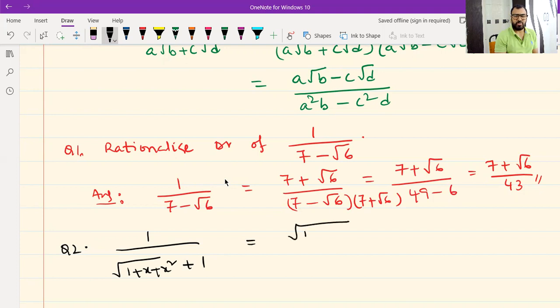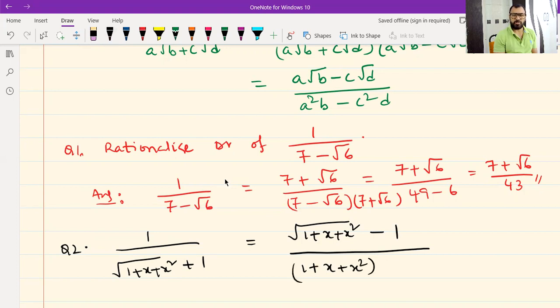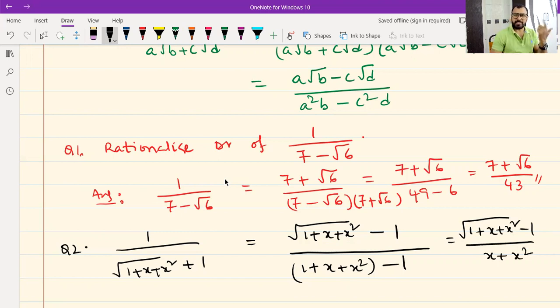So root over 1 plus x squared minus 1 by, directly I can write 1 plus x squared minus 1. This gives us root over 1 plus x squared minus 1 by simply x squared. So in the next video, I'll solve a few questions based on these surds.